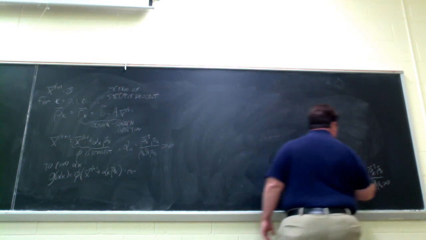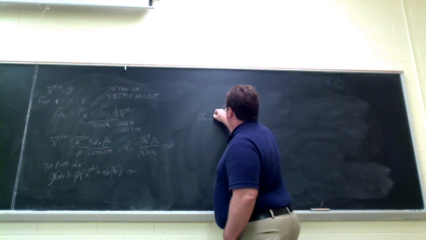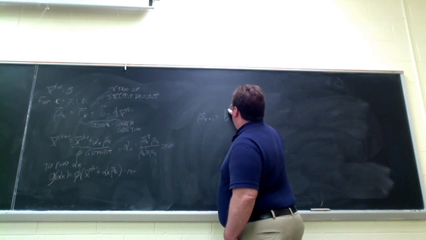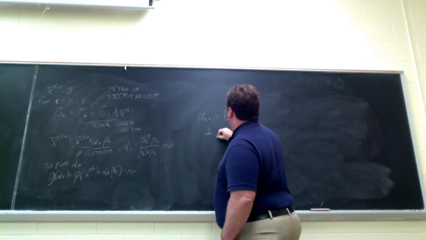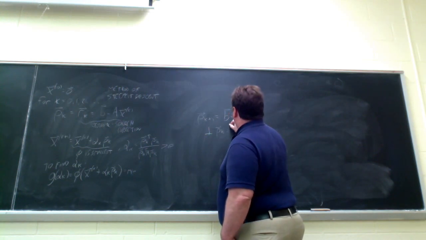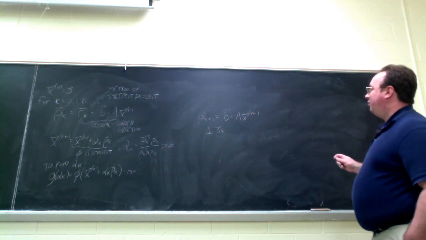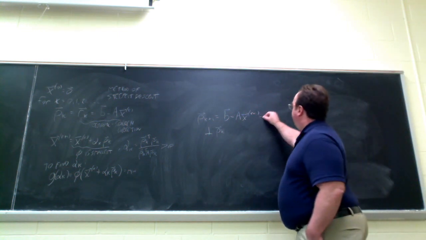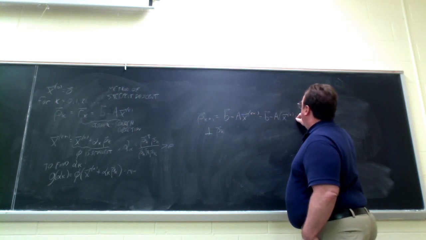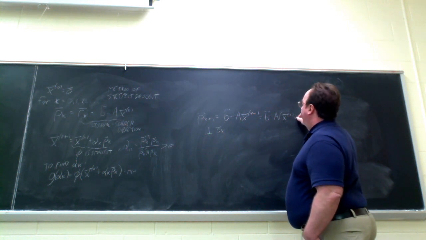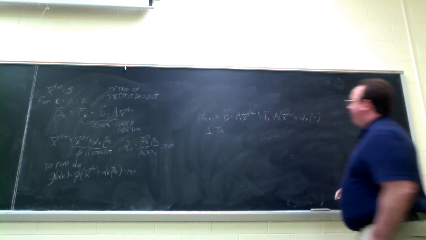So in other words, what we're saying is that pk plus 1, which is the same as b minus A x k plus 1, is orthogonal to pk, which is b minus, well actually, I'm not going to write pk alpha because I can write xk plus 1 in terms of pk. So that's b minus A xk plus alpha k pk.